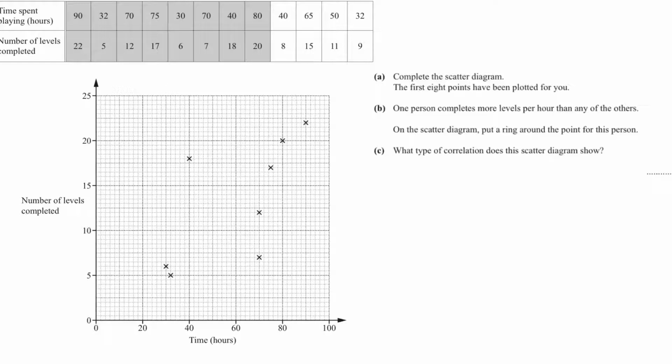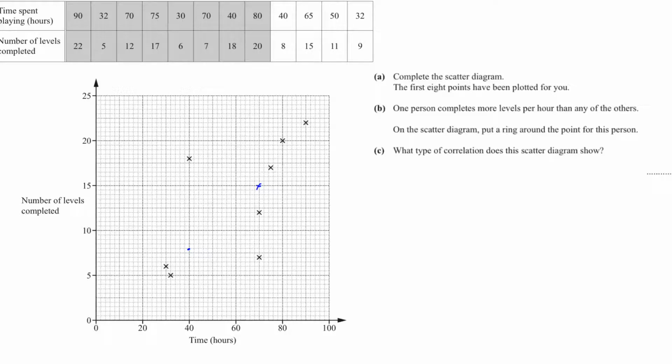When x is 40, y is 8. So it will be 5 is here, 6, 7, and 8. When x is 65, y is 15. That will be a point here.